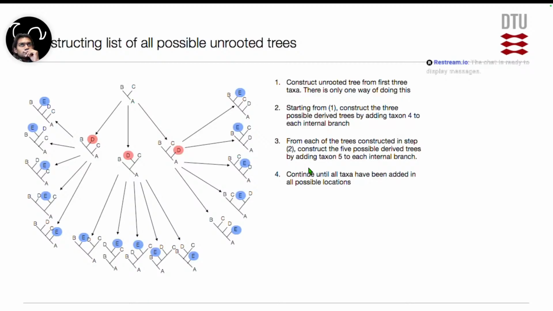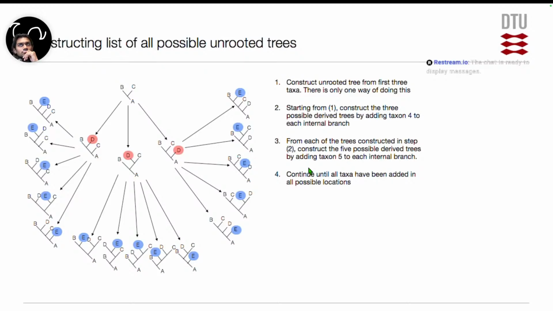So we just pick the first 3 species in our data set and construct a phylogenetic tree from that. It will have A, B, and C sticking out. There's no grouping, there's nothing ambivalent about that. Starting with that tree, we can now add the 4th species. As it turns out, we can add the fourth species in 3 different places, because there are 3 branches on the initial tree.